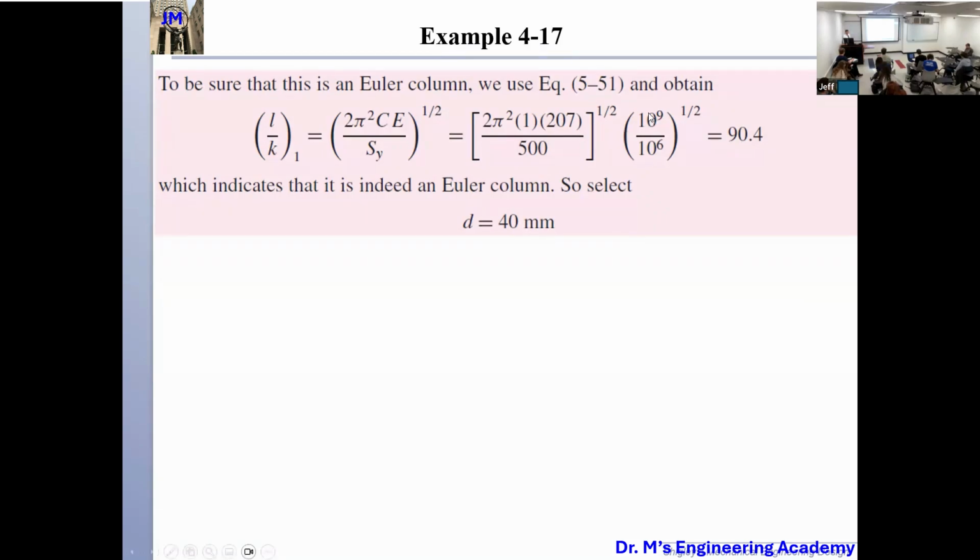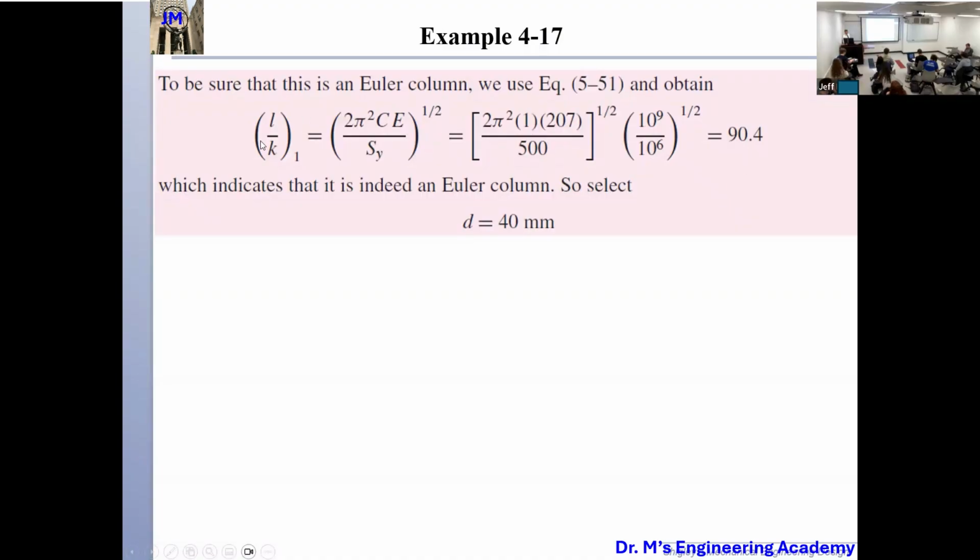Also keep in mind you need to unify the units. S_y is 500 megapascal, so we have 10 power 6. Young's modulus 207 giga, so we have 10 power 9. This gives us 90.4.